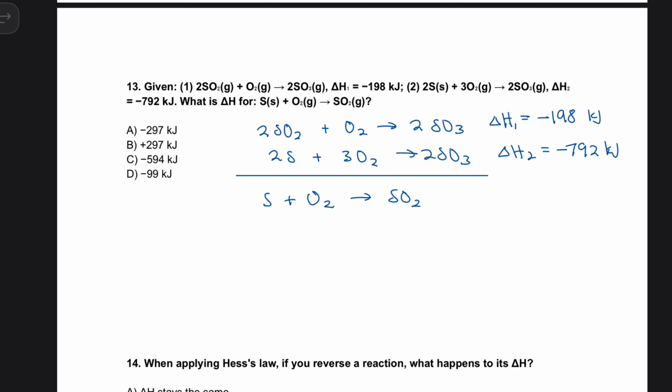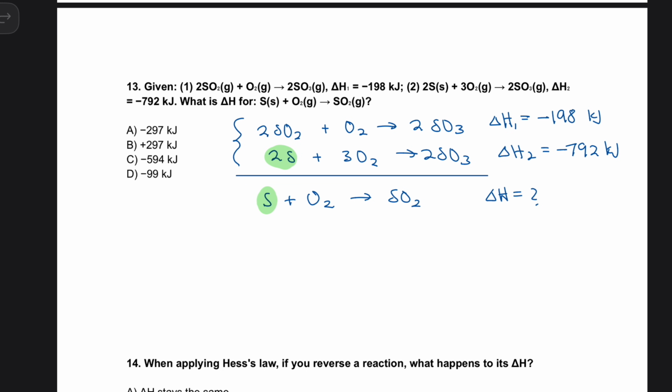So we need to tweak our top two formulas in order to get the last formula on the bottom. I find that the easiest way to do this is to look for the species in the final equation that only appear once in all of the other equations. So for example, I see that there's sulfur here, and sulfur only appears once in our second formula over here.